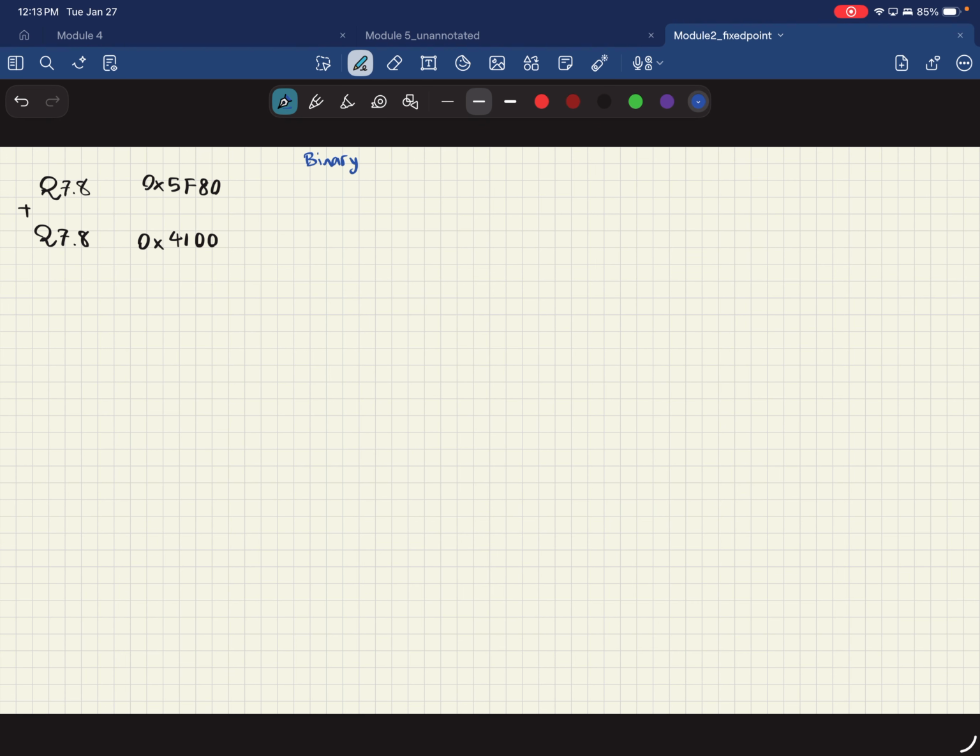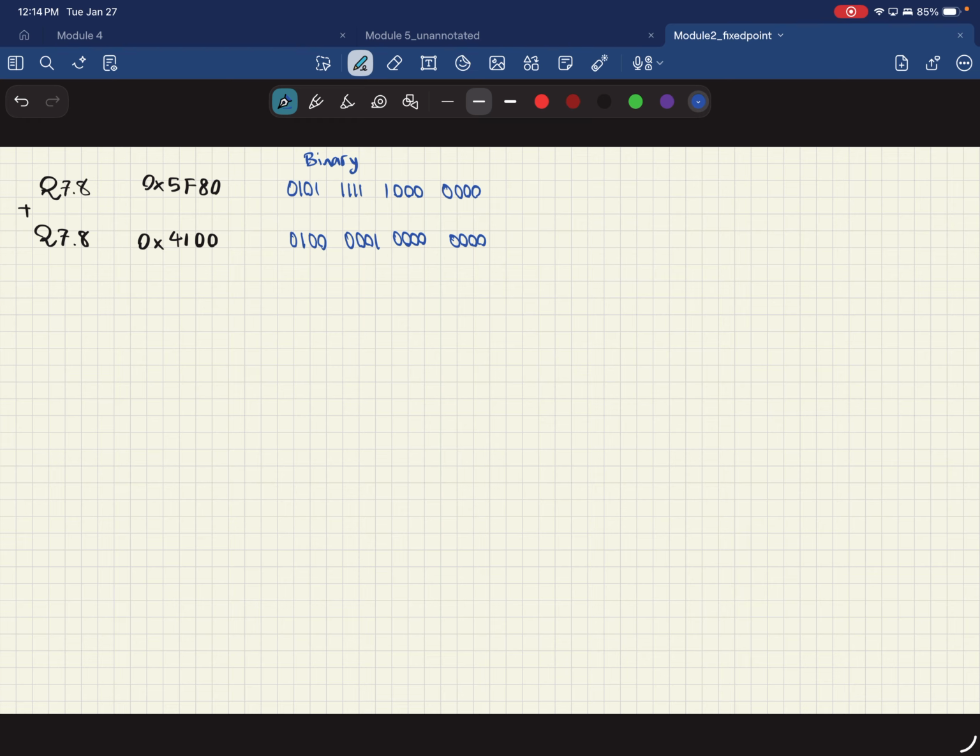In binary, 5 would look like this, F would look like this, 8, 0, 0, 0, and for the other one, 4, 1, 0, 0.